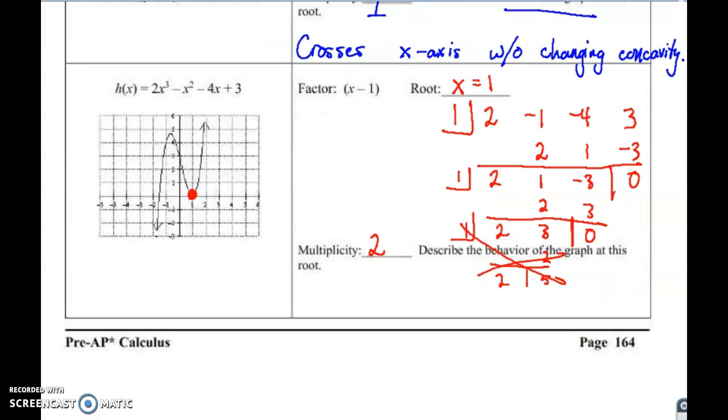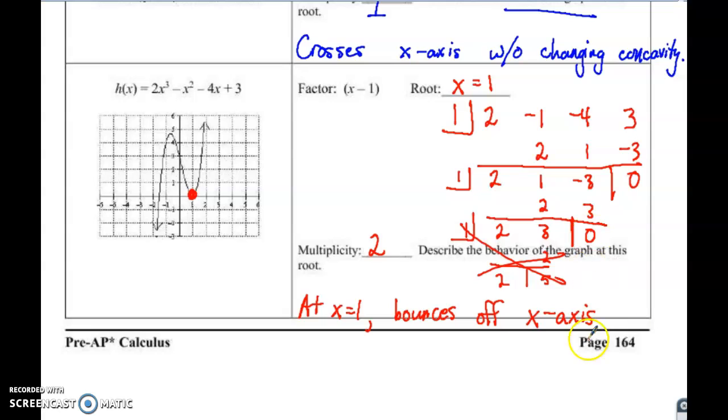And how do we know? At x equals 1, it bounces off the x-axis. I mean, that's not a good calculus phrase. That's why the person that made the answer keys wrote it's tangent to the x-axis.